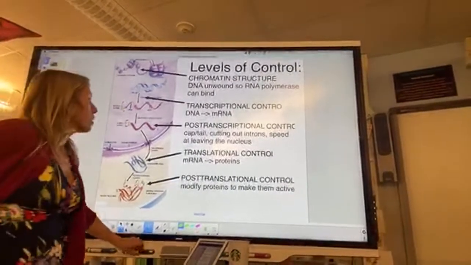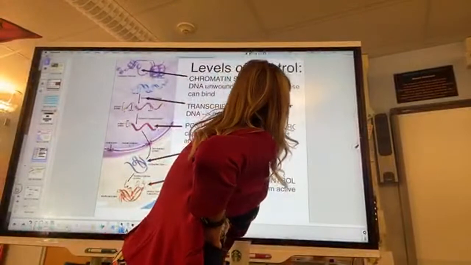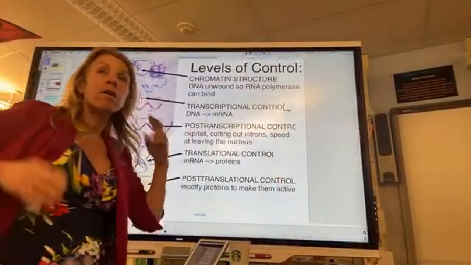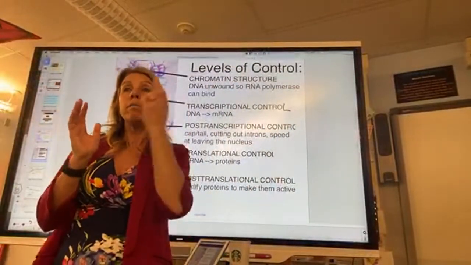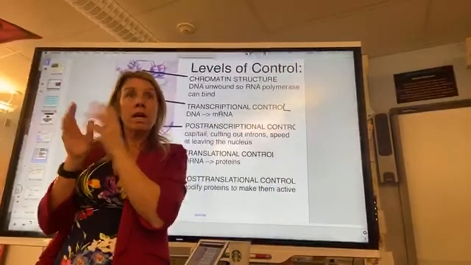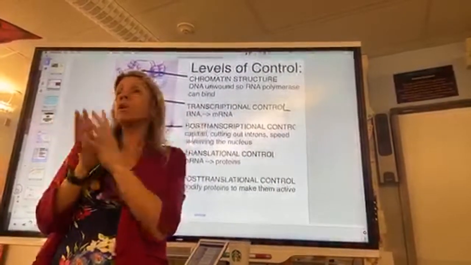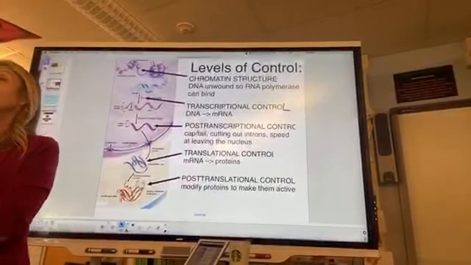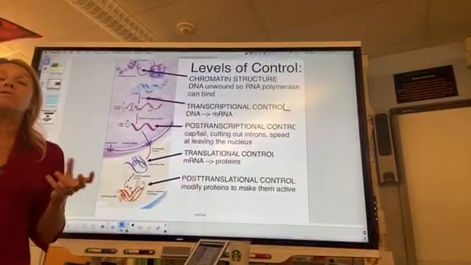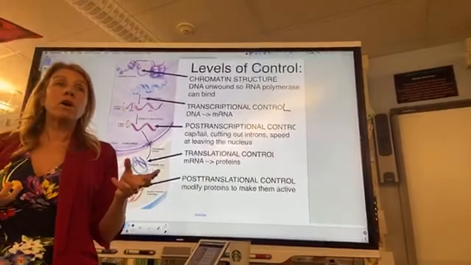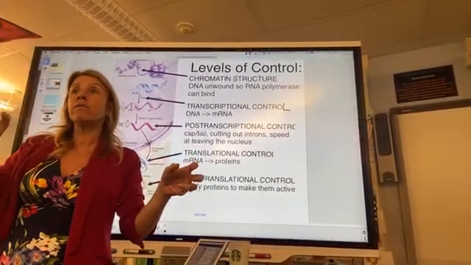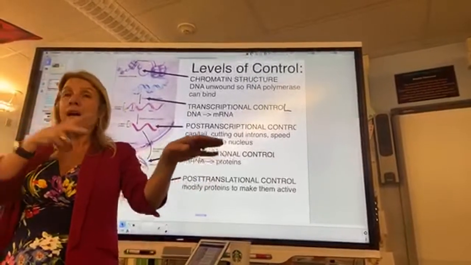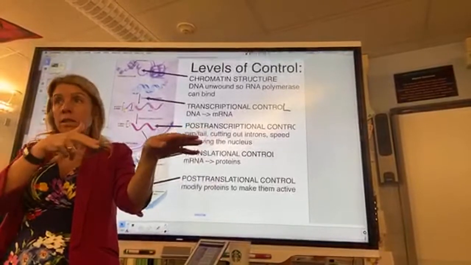Transcriptional control, who's missing an L? Transcriptional control, this has anything to do with what RNA polymerase binds to, the promoter. Anything supporting or inhibiting that is transcriptional control. Post-transcriptional control is once you've made your mRNA, you've got to protect it on either end. If you're a eukaryote, a cap and a tail, and you're cutting out what? Introns.